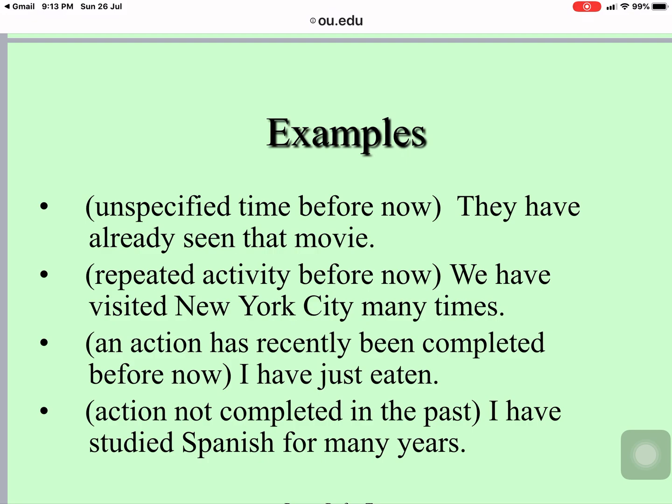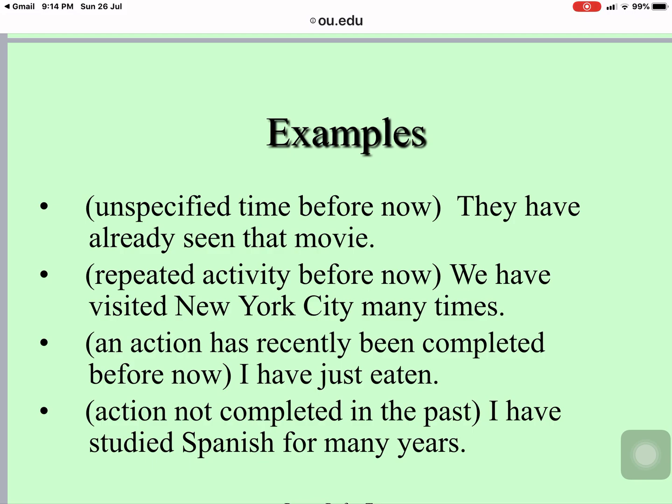In case we have she instead of I, the sentence would be like this: she has just eaten. Or in the previous sentence, for example, if the subject is Rita, then Rita has visited New York City many times.